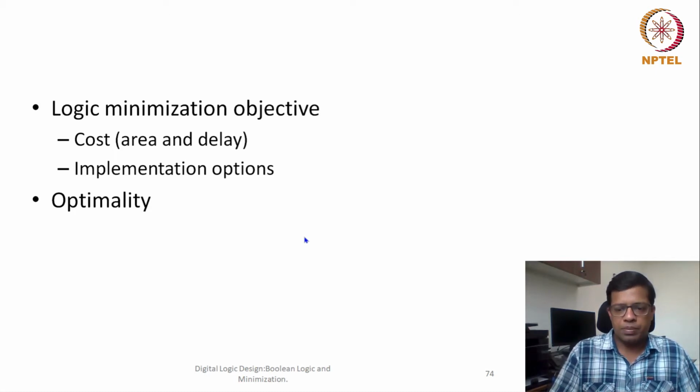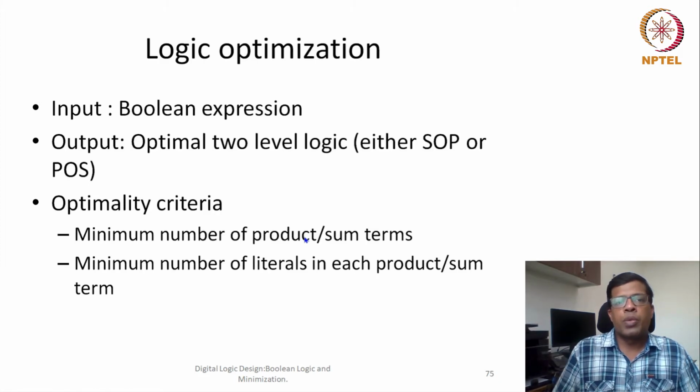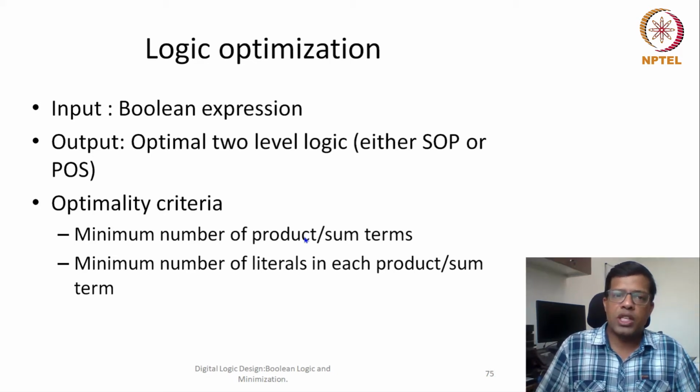Okay, so when we started logic optimization, we considered that a Boolean expression is given as an input. Over the last couple of lectures we have seen that the same Boolean function could be expressed in the form of multiple expressions, while all of these expressions could be equivalent because they would finally generate the same truth table.